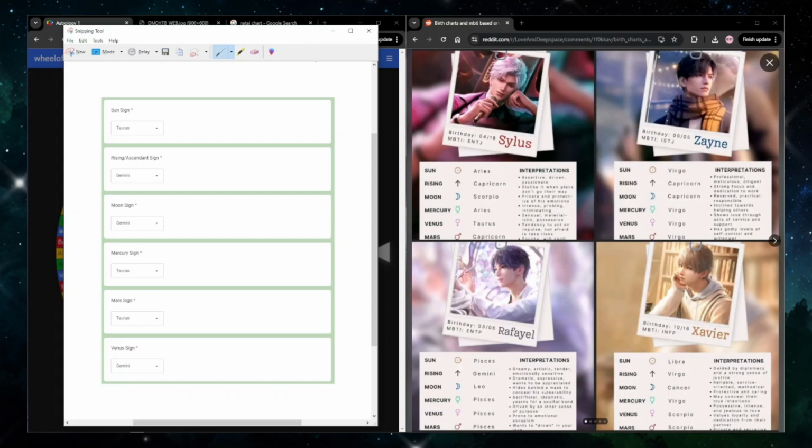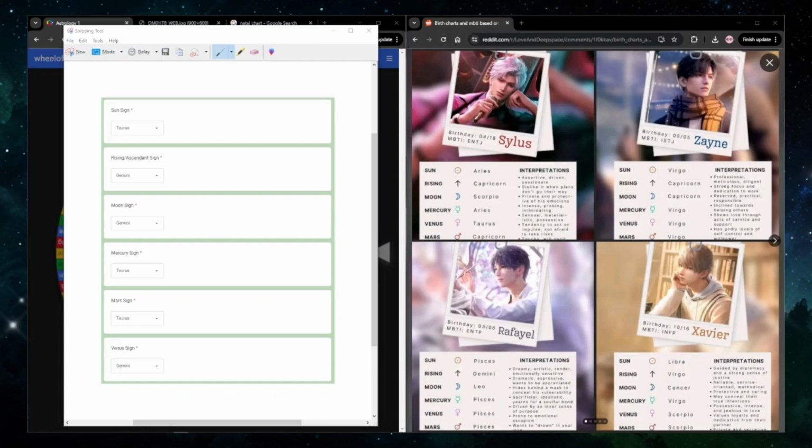Okay, so you have sun sign in Taurus, rising ascendant sign in Gemini, moon sign in Gemini. Wow. Mercury sign in Taurus, Mars in Taurus, Venus sign in Gemini. Very interesting. Okay, let's start with your Taurus sun.